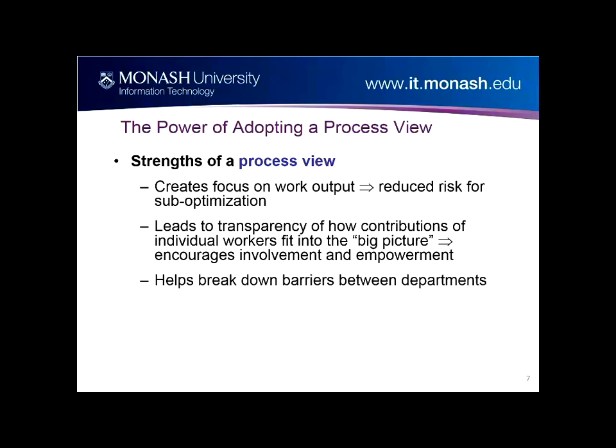If you focus on the work output rather than on the skill of the individual, then you reduce the risk of sub-optimization. Because you look at the big picture of the output, that leads to certain transparency of how the contributions of individual workers fit into the big picture, and that encourages involvement and empowerment.